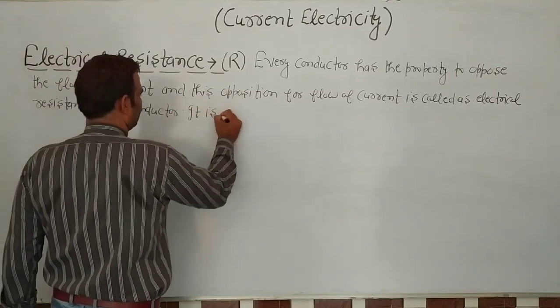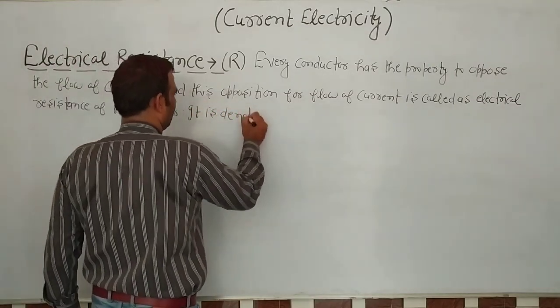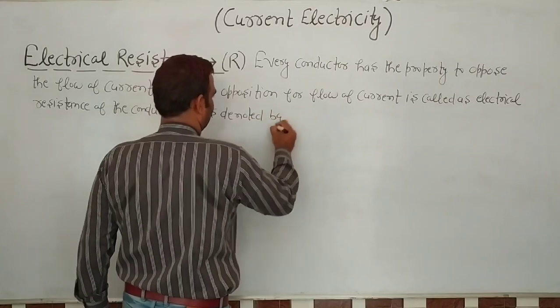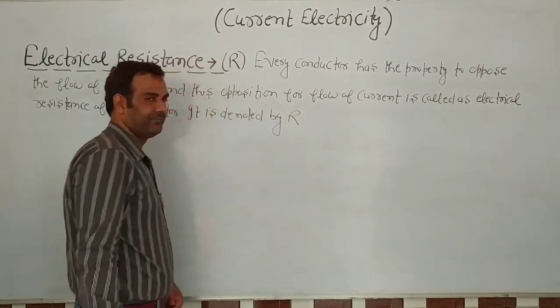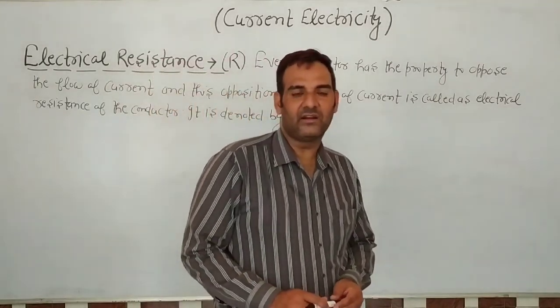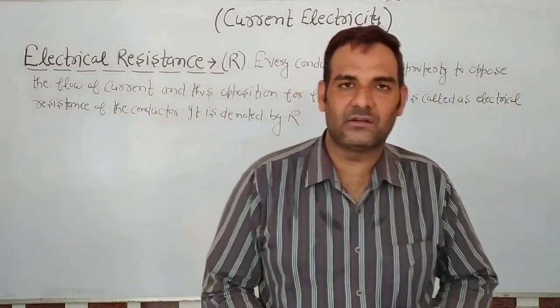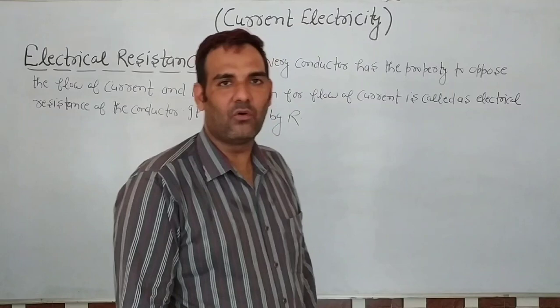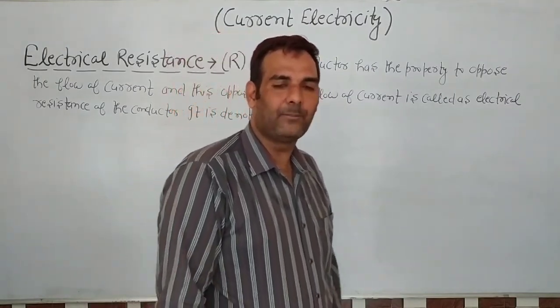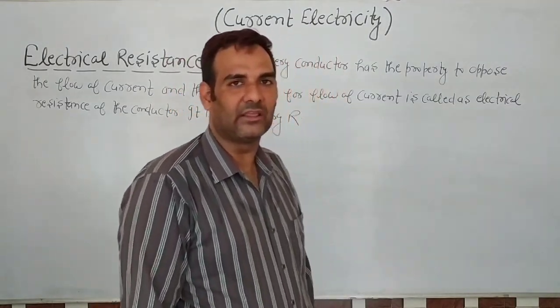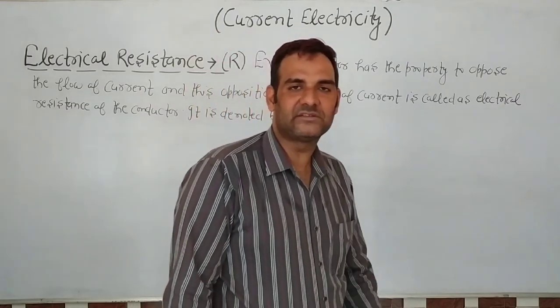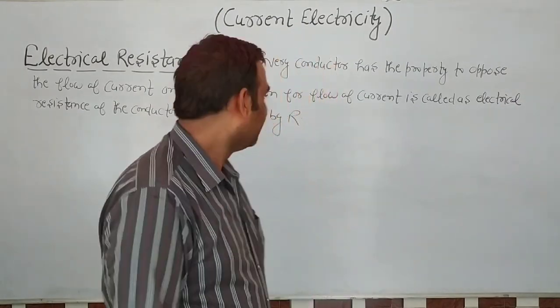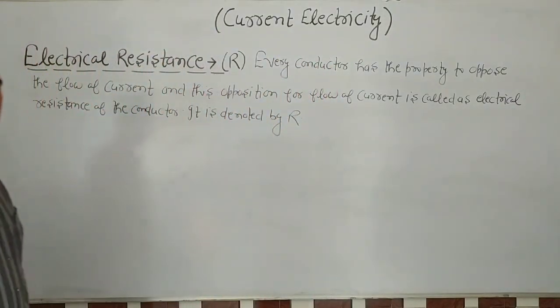It is denoted by capital R. So बेटा, इलेक्ट्रिकल रेजिस्टेंस क्या है? Every conductor has the property to oppose the flow of current, and this opposition to the flow of current is called electrical resistance of the conductor. It is denoted by capital R.